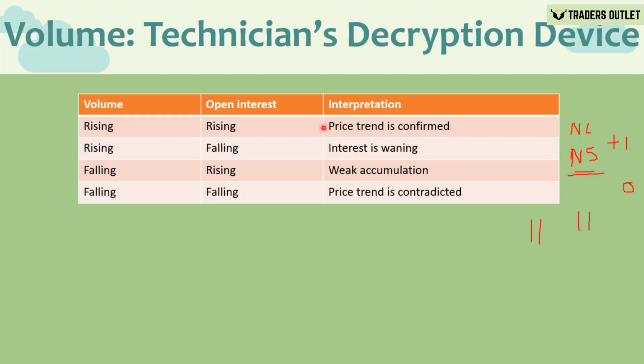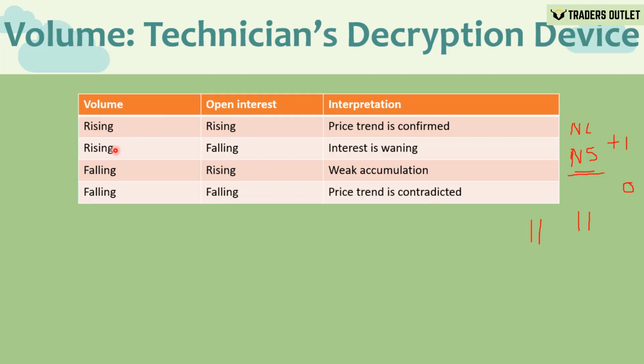We are not confirming whether it's an uptrend or downtrend, but whatever trend we have calculated or predicted, it is the right trend, because rising open interest indicates more market participants are entering positions in the direction of the trend. So the price trend is confirmed.